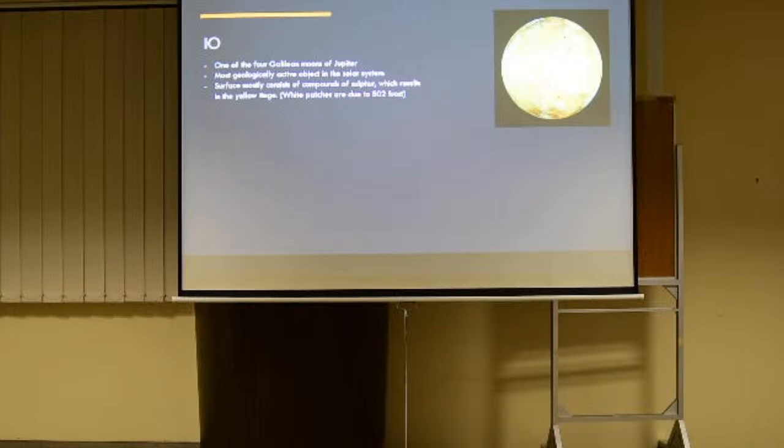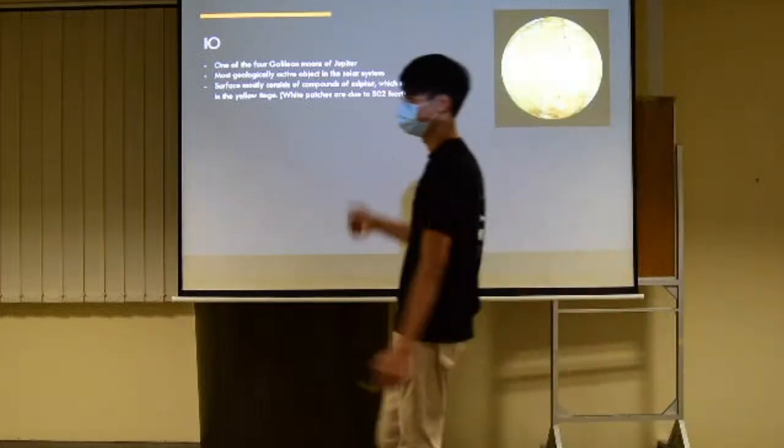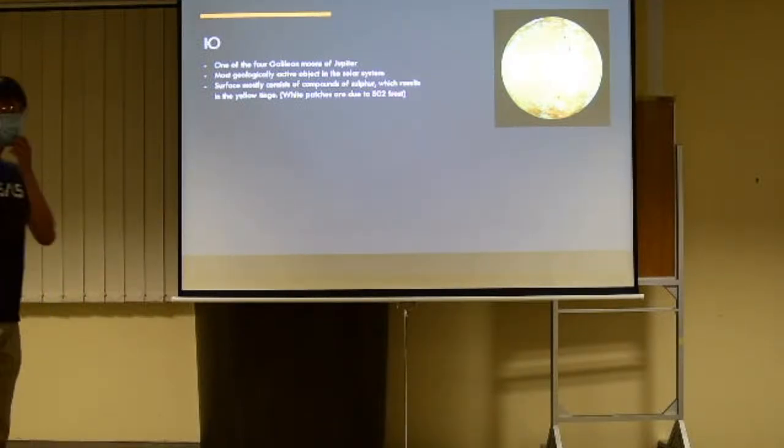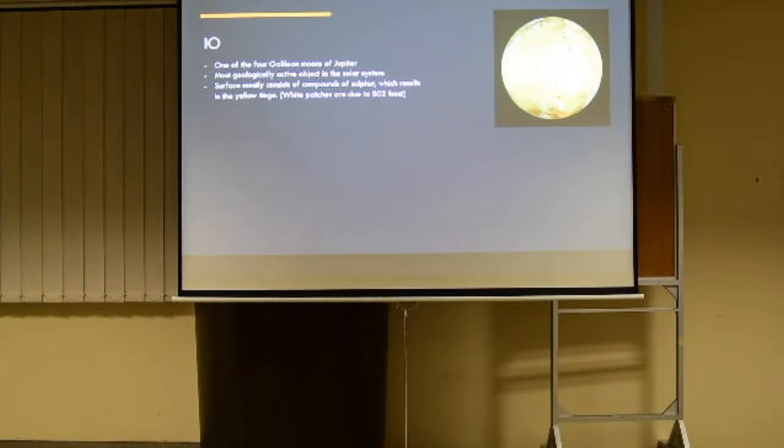What chemical compound or element is related to volcanoes? Yes, sulfur. What color is sulfur? Yellow, yes. What color is Io? Congratulations. Io is yellow because it has a lot of volcanoes and its surface is coated with electrodes and compounds of sulfur. Let's play another game, shall we?